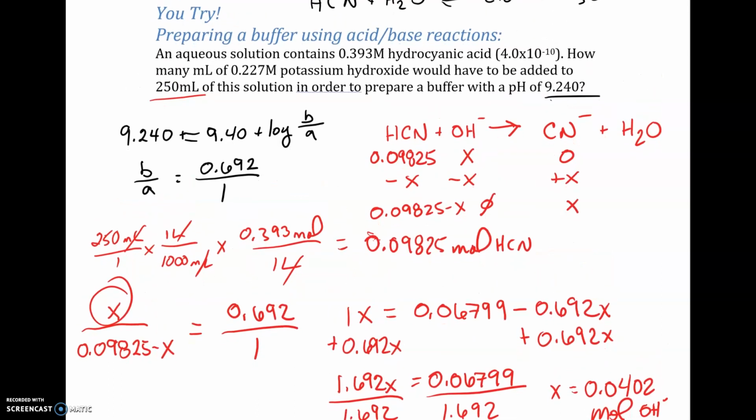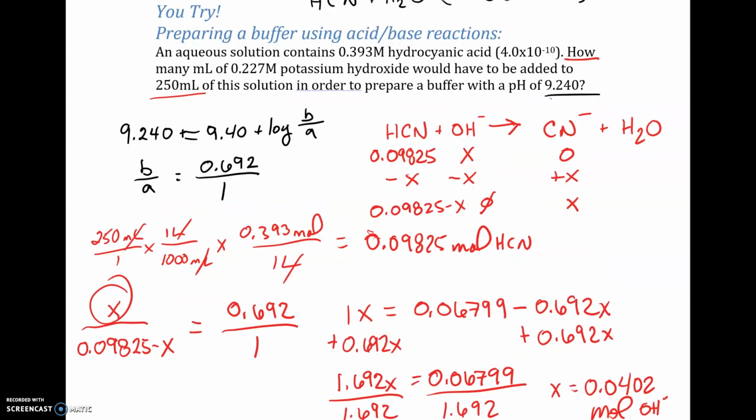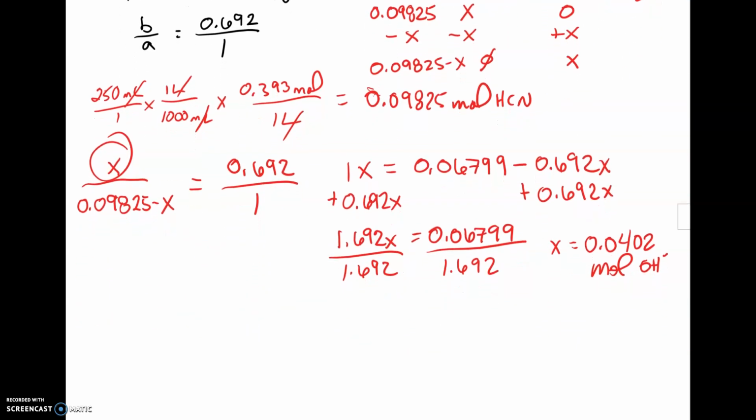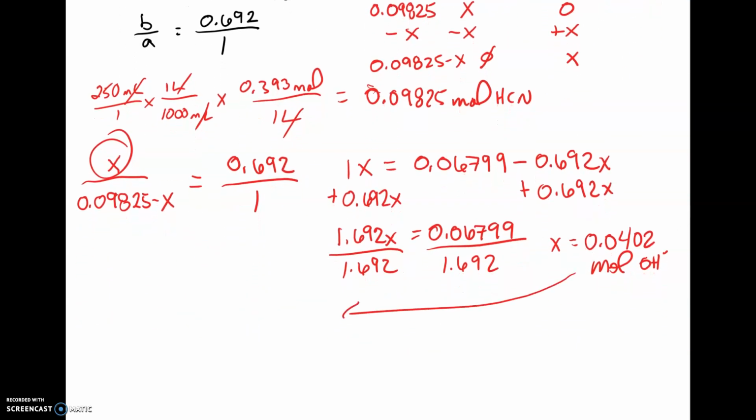Now, we also had that we had a 0.227 molar solution, and it's asking for how many milliliters. So we have moles with molarity. We can get to volume, no problem. So we have 0.0402 mole OH minus. And we have a molarity, 0.227 mole per liter.